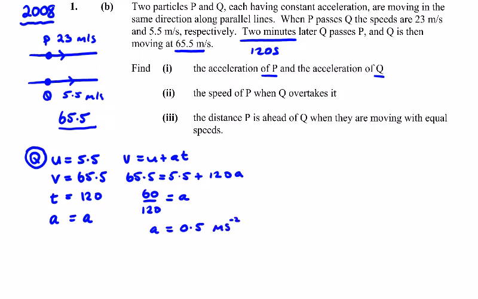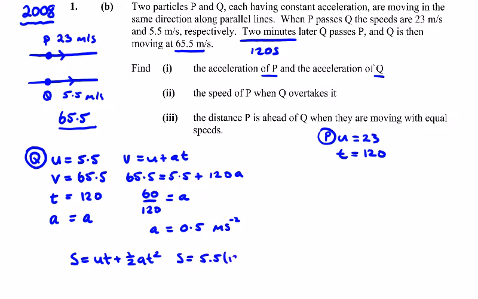So now that'll help me get P. If I look at what I have for P, I have its initial velocity of 23. I have this time period, which is 120, so I'm missing something. What else can I get? I can get S, that Q has traveled when they meet again. So S is equal to 5.5 by 120 plus a half AT squared, so plus 0.25 by 120 squared.